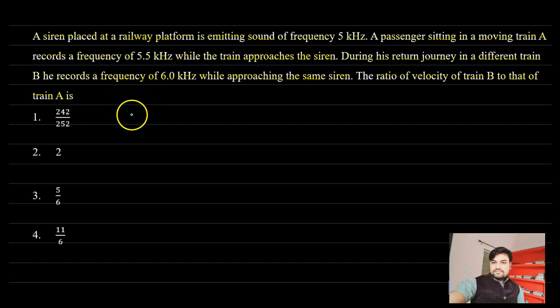So we can write that the frequency observed by any observer is given by the frequency emitted, times the velocity of sound plus velocity of observer, divided by velocity of sound minus velocity of source.